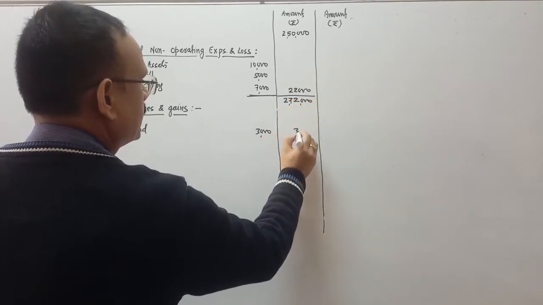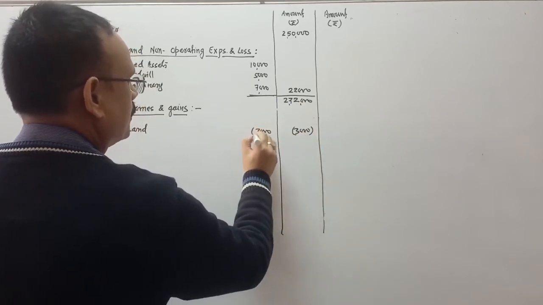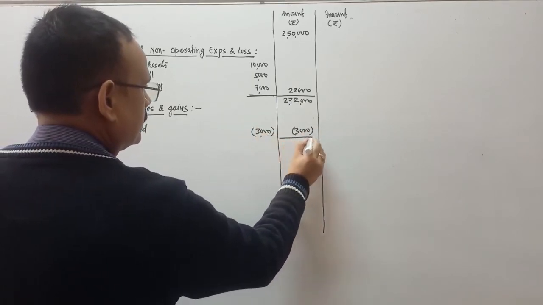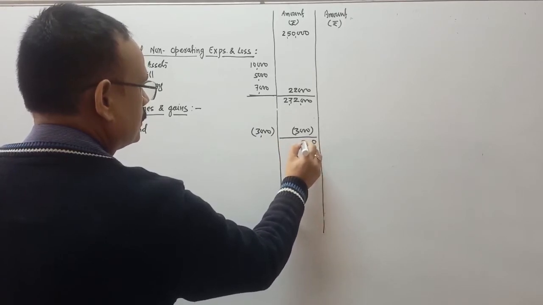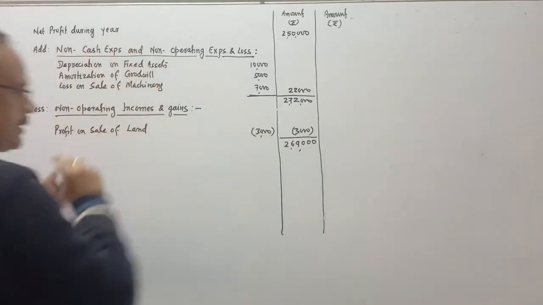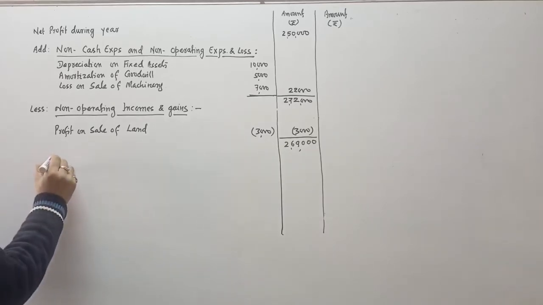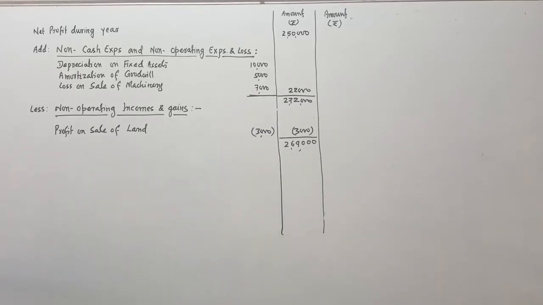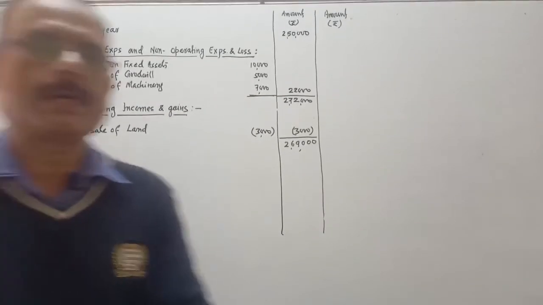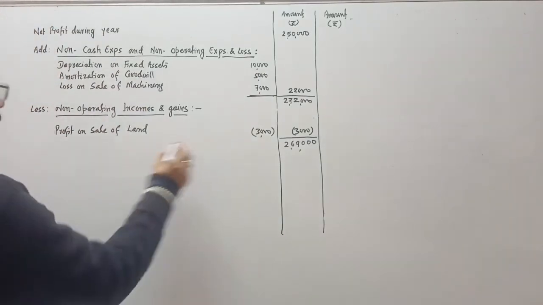We deduct 3,000 from this, so it is 2,69,000. So this is operating profit before change in working capital.